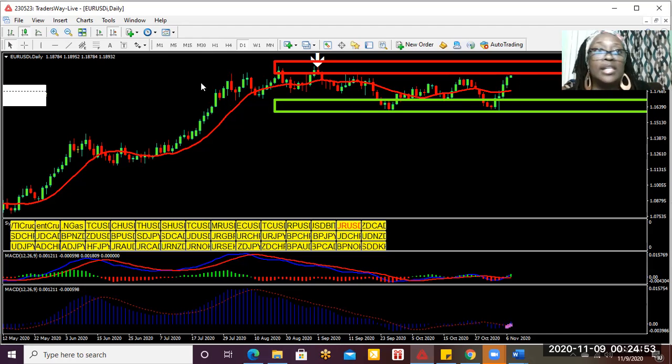So this is telling us that the strength, the value of the euro, is stronger than the strength or the value of the dollar. If you have a downward trend, that's telling you that the value of the dollar as a secondary pair is stronger than the value of the primary pair, in this case the euro.